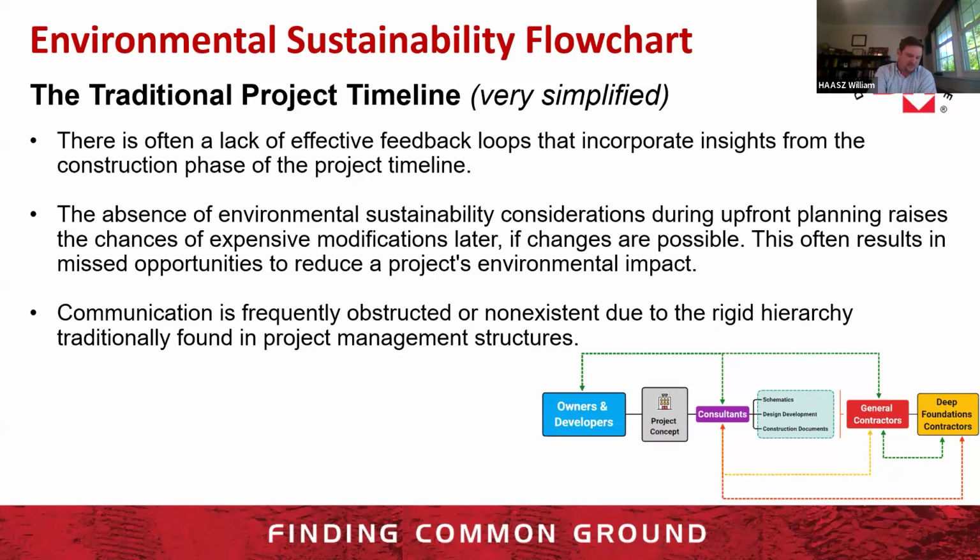You have this stepped process, and by the time a general contractor or any subcontractor is involved, the project is already set in motion in a way that costs have been made and things have been planned, where if somebody does have an idea or a methodology to reduce carbon, they can't really implement it because it would involve a lot of changes to other people's or other businesses' or subcontractors' work, right?